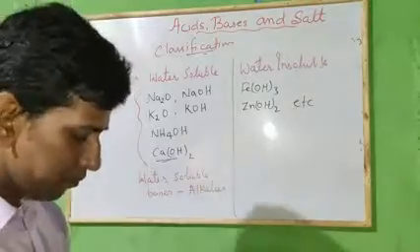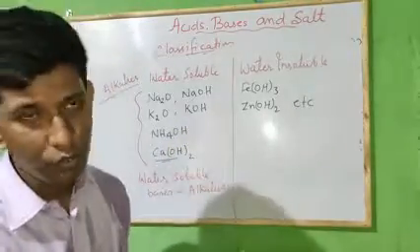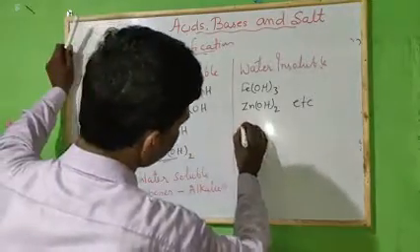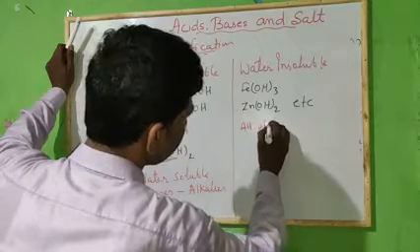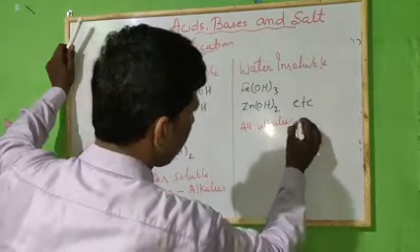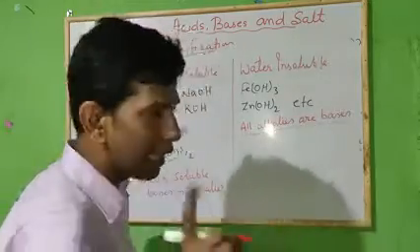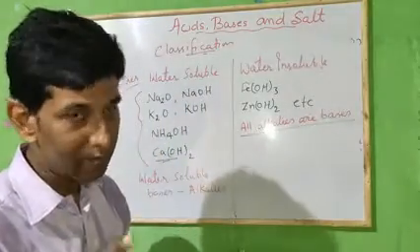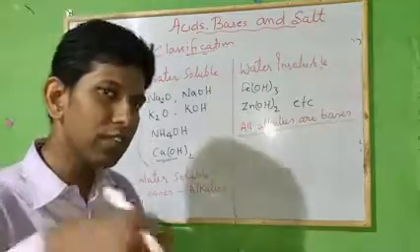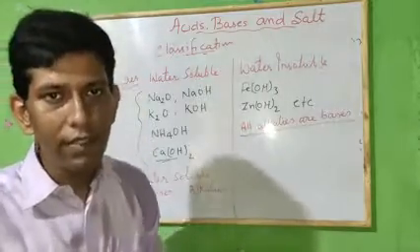So in class 7 also you have learned that all alkalis are bases. Clear? Because if bases dissolve themselves in water, then definitely they are alkalis.